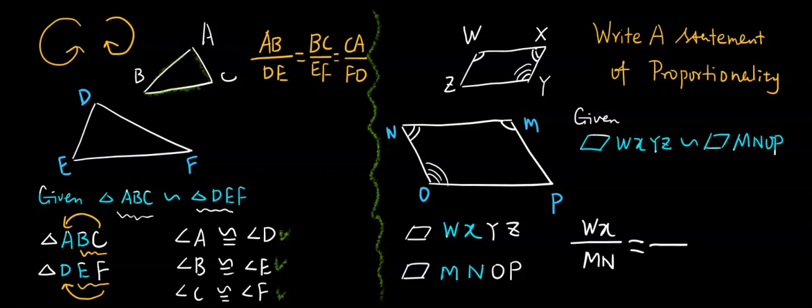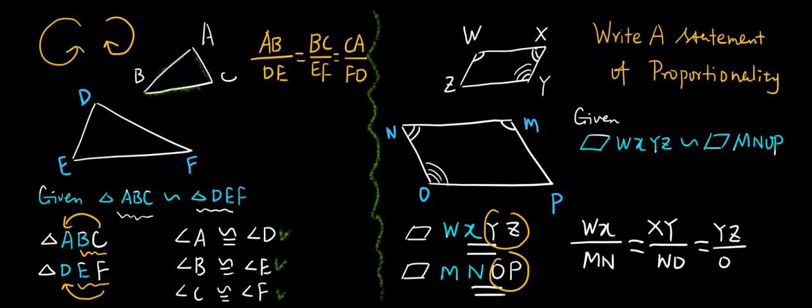Let's pick another 2. We're going to say XY and NO. So XY and NO. All right, pick another 2 letters. We're going to pick YZ and OP. Let's change color. We're going to write YZ to OP.